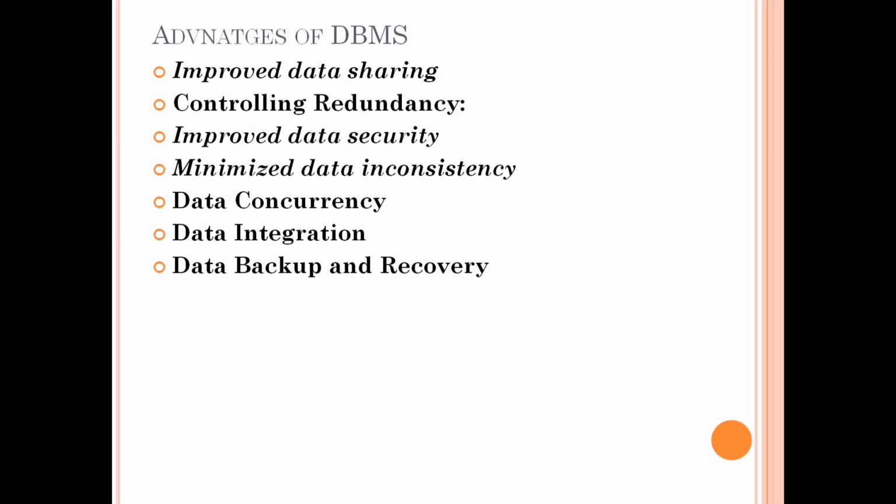That means the inconsistency will be minimized; this is the main advantage of the DBMS. Next one is data concurrency. Data concurrency means that many users at a time can access the same data at the same time. That is what we call data concurrency.